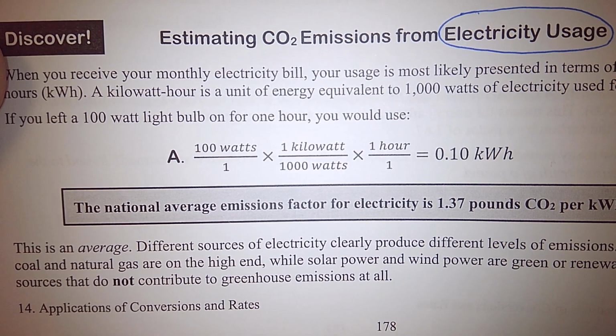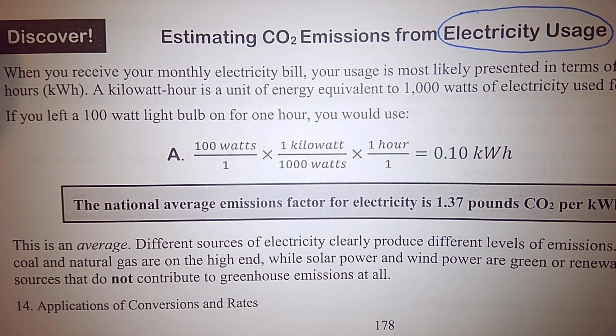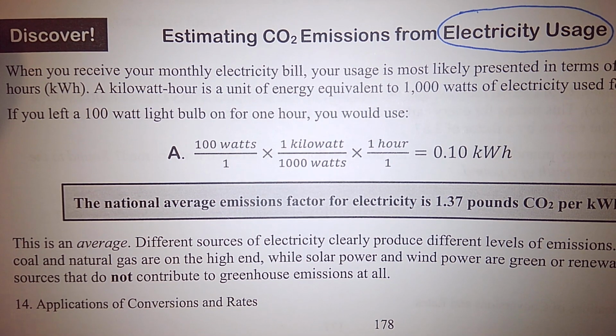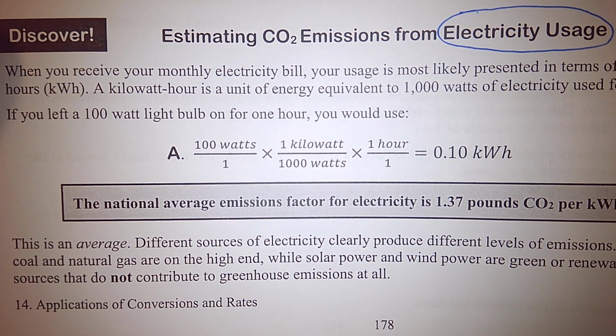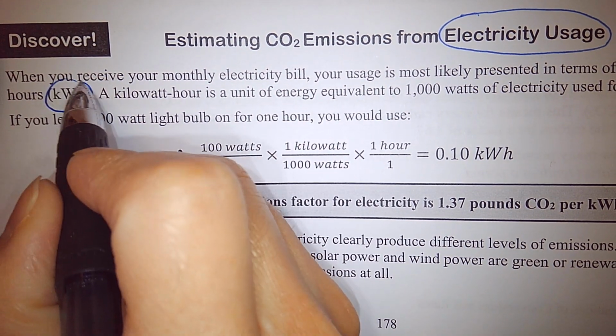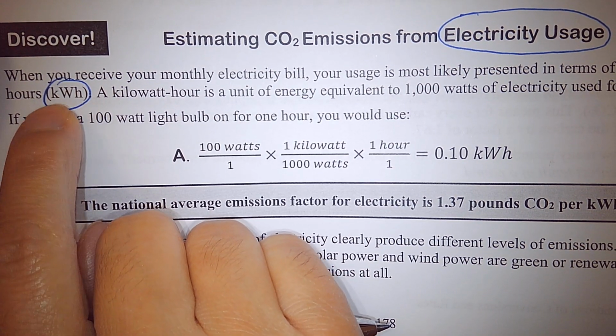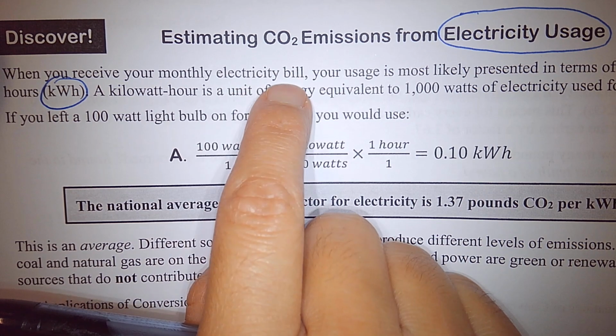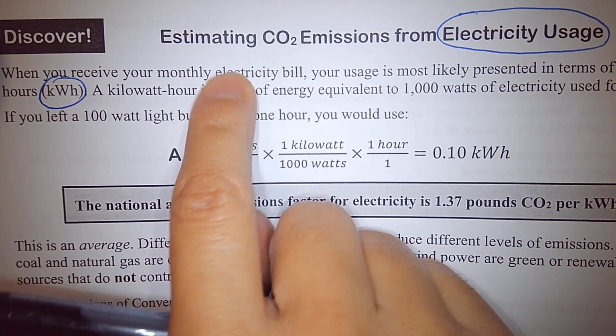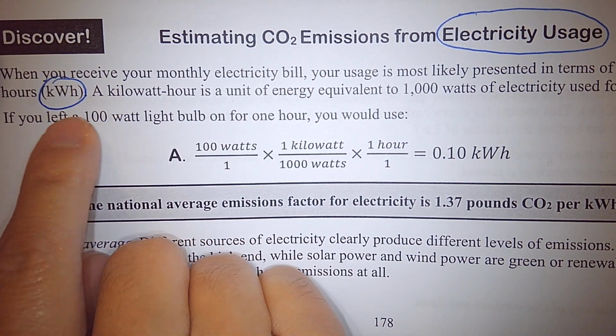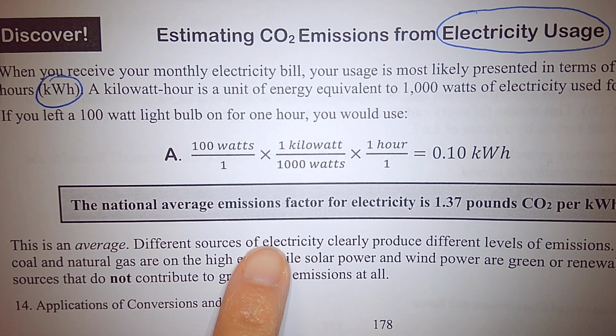For gasoline emission, we use how many gallons of gas we use, right? Now for electricity usage, it depends on how many kWh you have used from your electricity appliances.